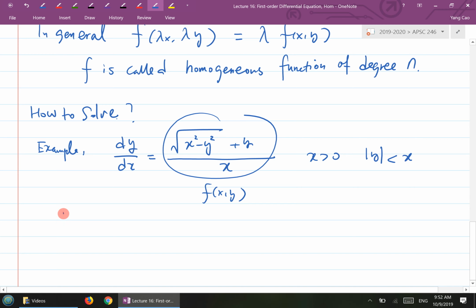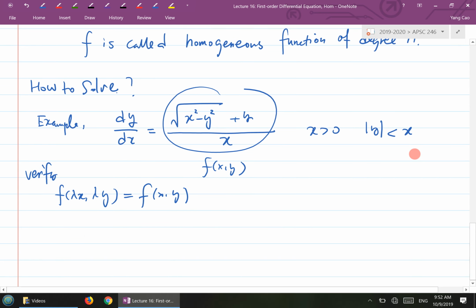You can certainly verify that f of lambda x, lambda y will be the same as f of x, y.